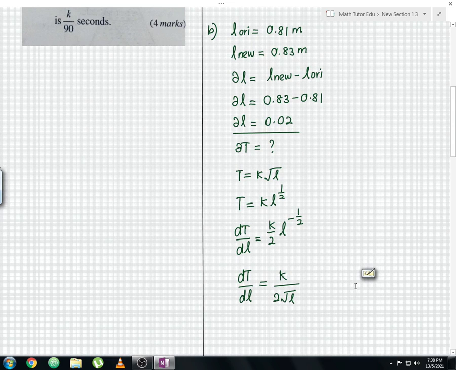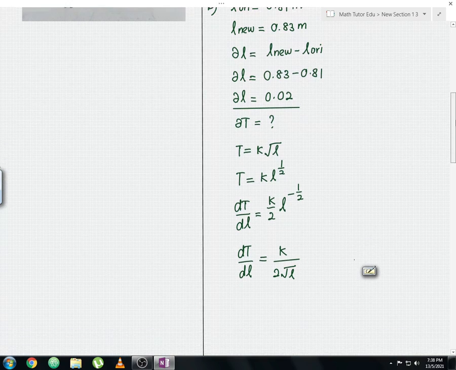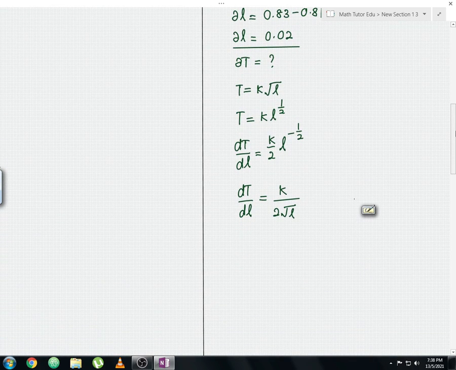To find the delta t, we're going to use the approximation concept guys. So how to use the approximation concept? Let me write down the formula here. It is given that delta t over delta L should be approximately the same as dt over dL.